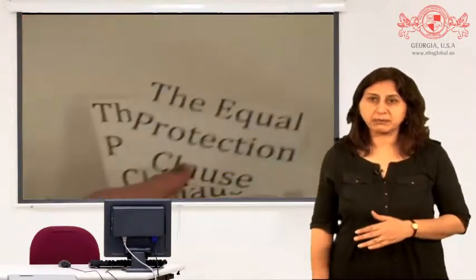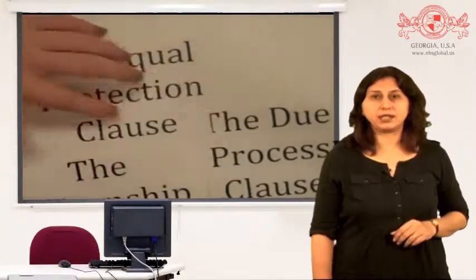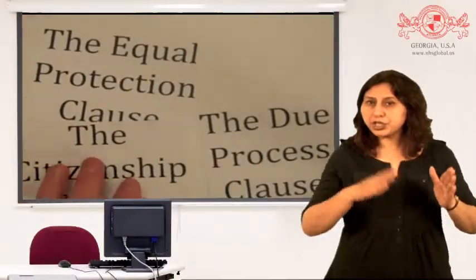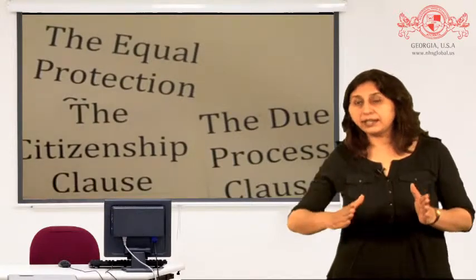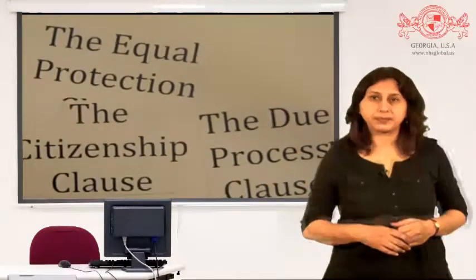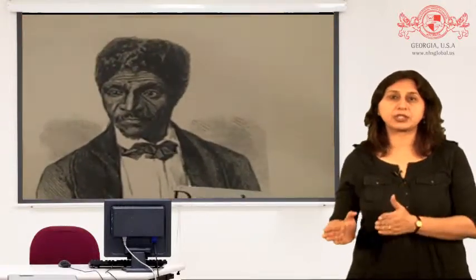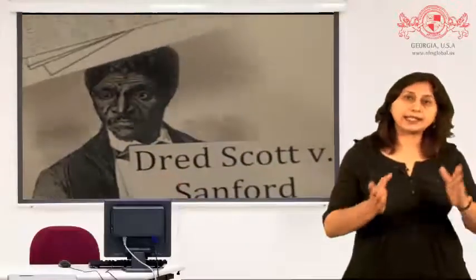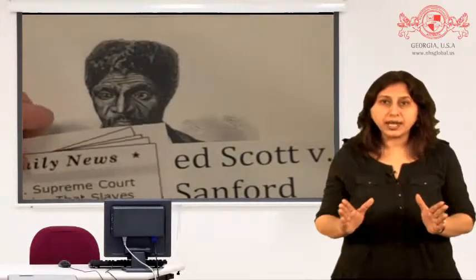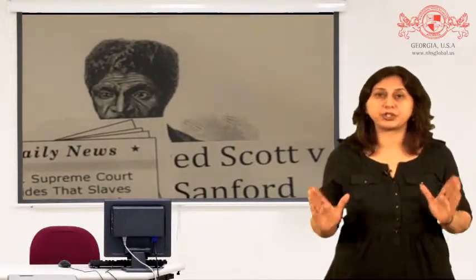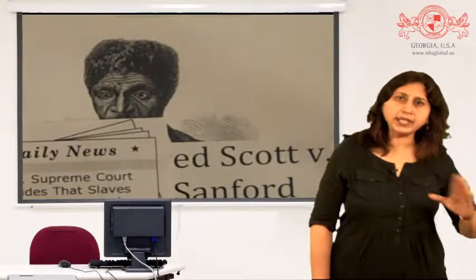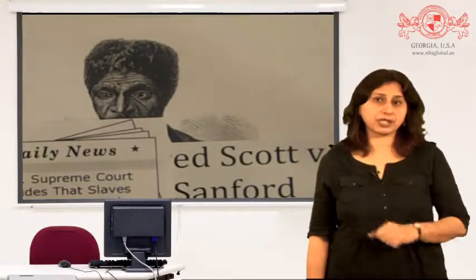Under the 14th Amendment, there are three clauses: the Citizenship Clause, the Due Process Clause, and the Equal Protection Clause. The Citizenship Clause, also referred to as the Naturalization Clause, overturned the ruling that African Americans were not and could not become citizens of the United States or enjoy any of the privileges and protections of citizenship.